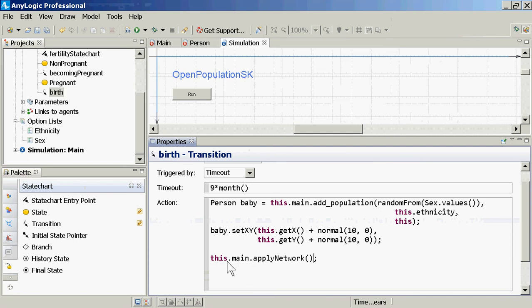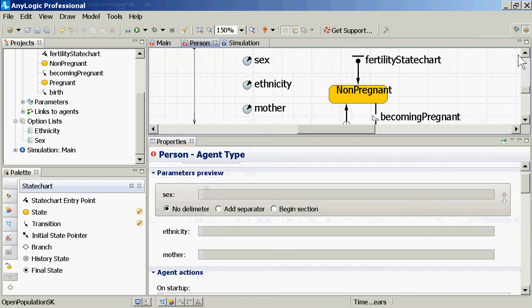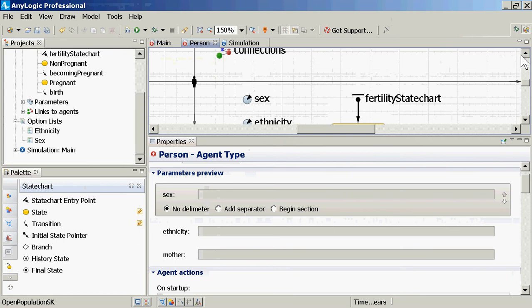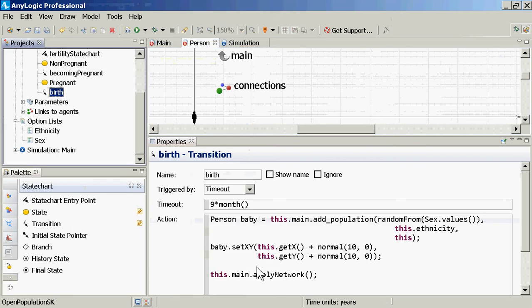Okay, this.main.apply network. In other words, here's person, and it's my main, the main associated with my reference to main. So here's myself. I'm going to get that thing called main. That's going to point to main, and it gives me a reference to the main class, and then I say apply network to that. Boom, done.